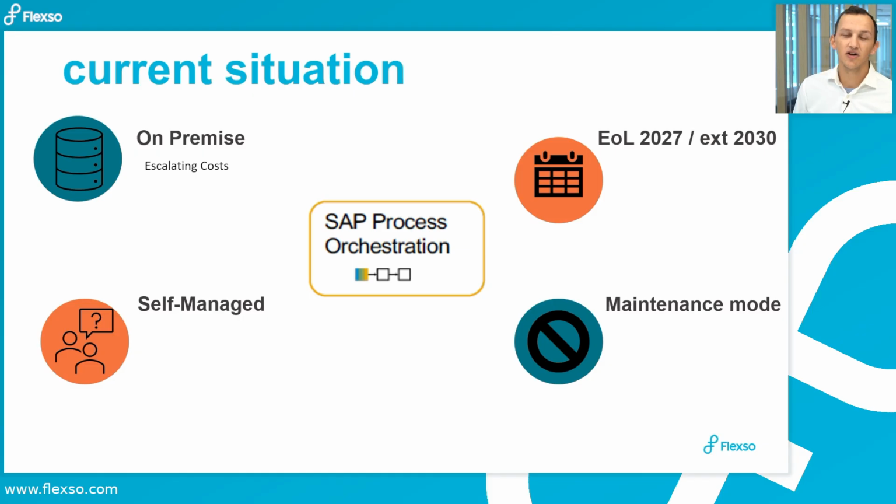All of these come with certain risks: on-premise and escalating costs, our own infrastructure, our own development on-premise, which has an extra cost for migrating. End of life, cybersecurity threats, we cannot upgrade anymore. If there is a threat, it's up to you. Self-managed upgrades, infrastructure, scalability, and then maintenance mode means a brake on innovation. You will not be able to play into those market changes anymore.